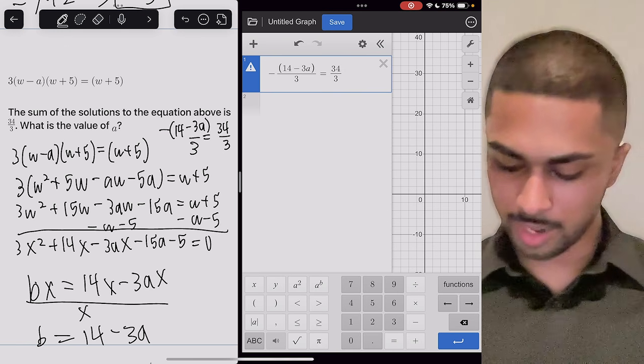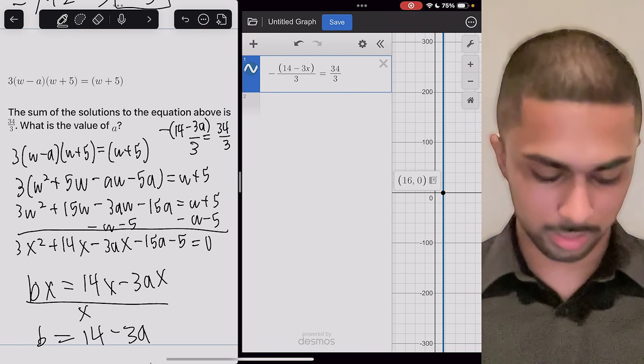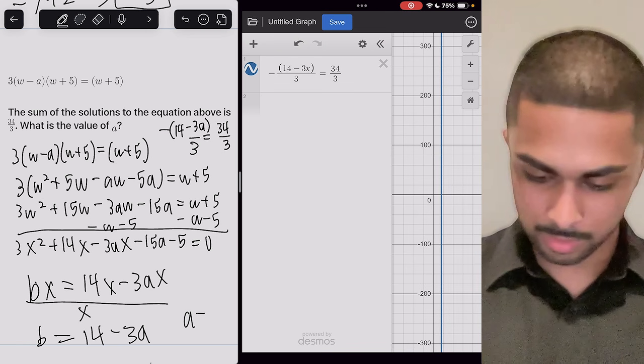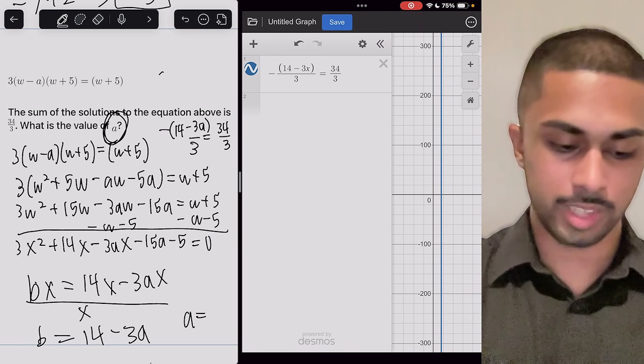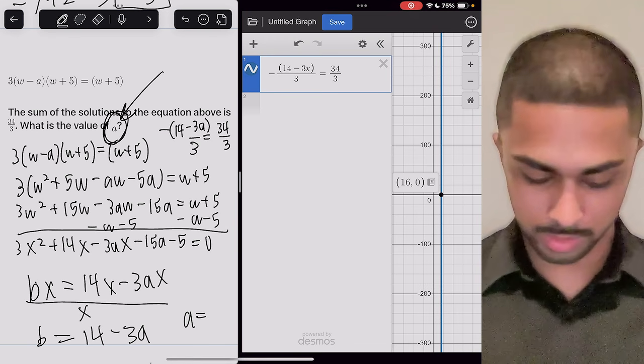And we just replace this a with an x for now. So Desmos lets us graph. So the a that we want to find, which is the a in this equation, is equal to 16.